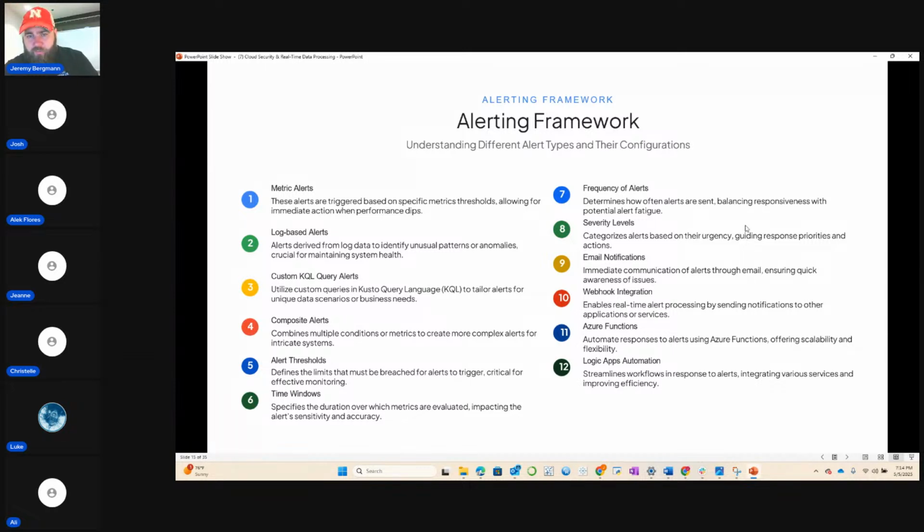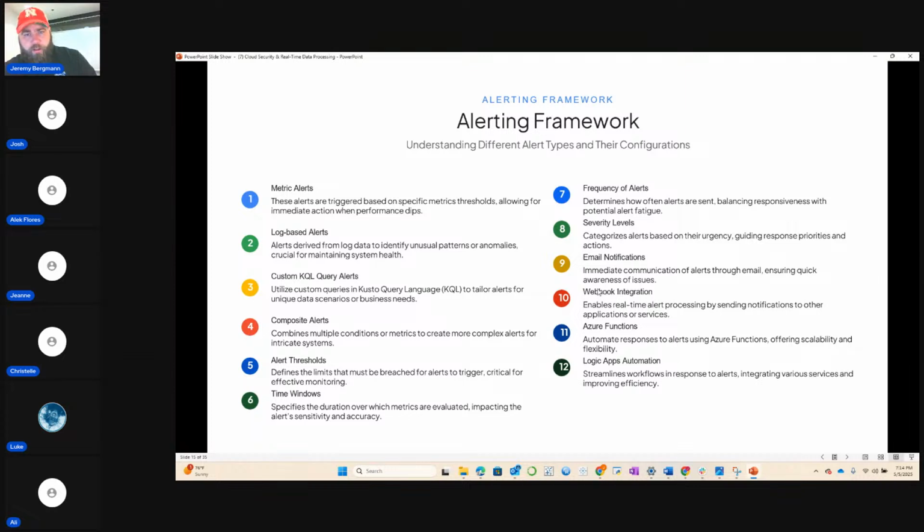So having severity levels and their urgency is actually just as important. And then what's the action item on it? So being focused on the things that are the most important, and being able to action on those based on the alerts most effectively.